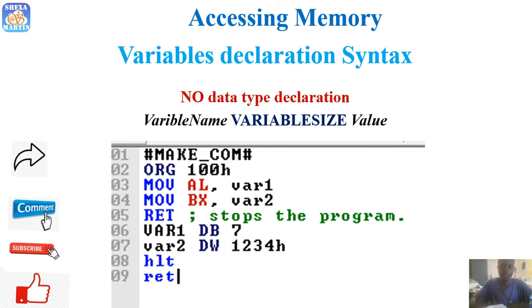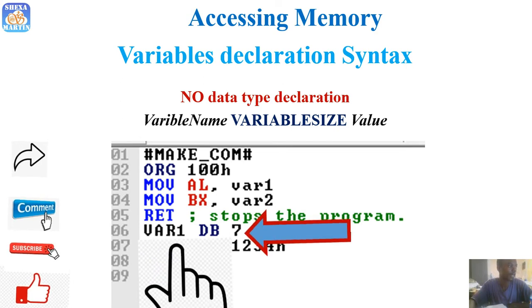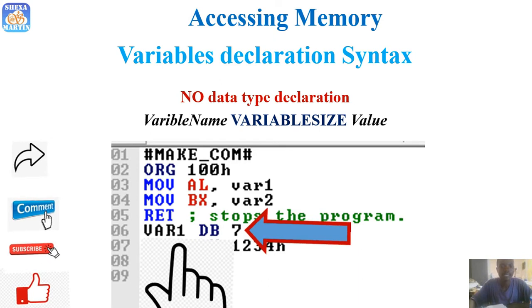The variable that we have declared here is var1, variable 1, and it's of size byte, and it's initialized to 7. Variable 1, that's the name of our variable, initialized to 7, and it's of size byte.